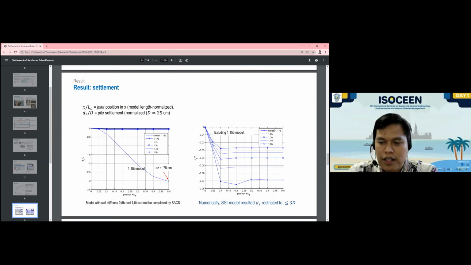They are the 1.17 to 1.5D models. So we can see that as the KW curve got less stiff, the settlement got worse.